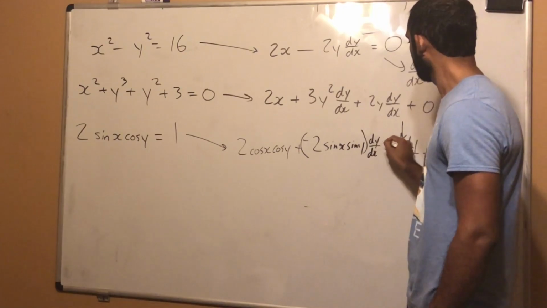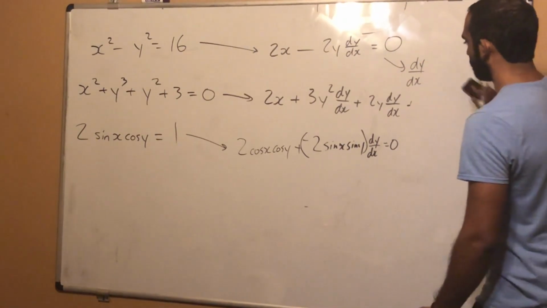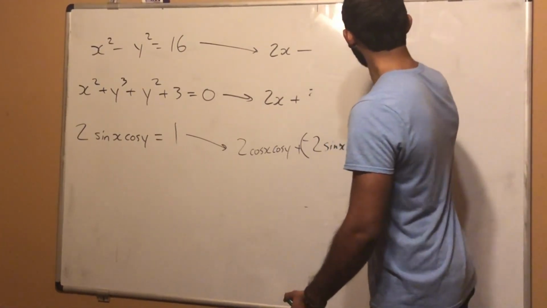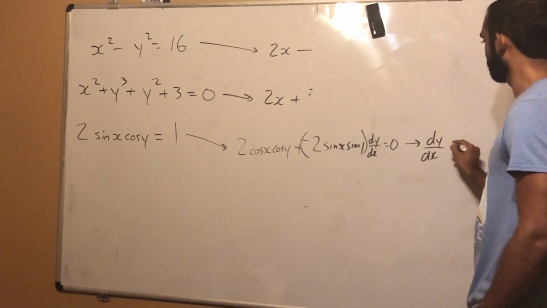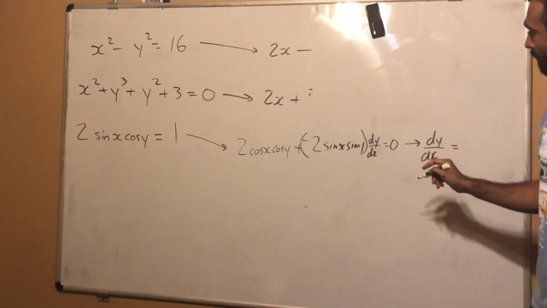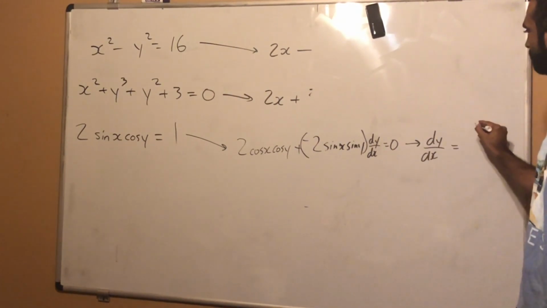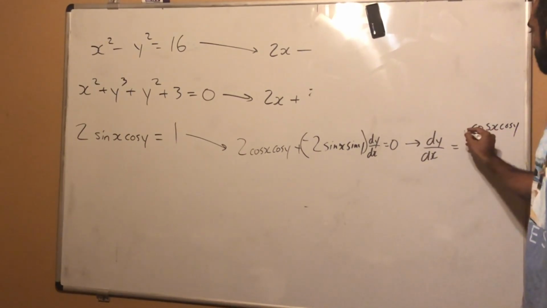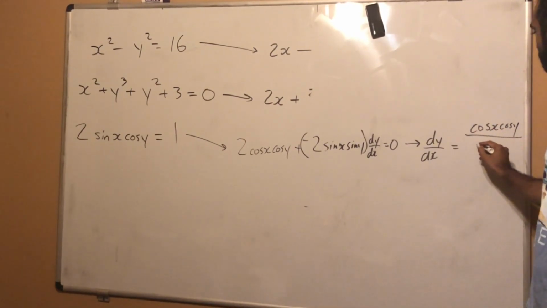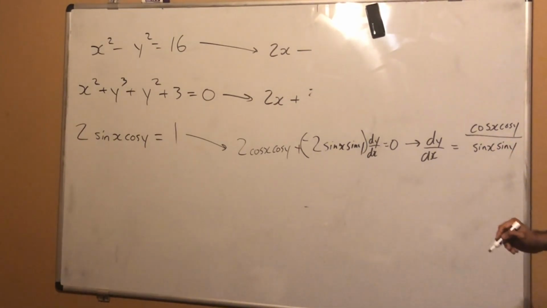And that equals 0. You can solve this for dy over dx. Bring this over here, and you have cos x cos y over sine x sine y. Yes, exactly. Does that make sense?